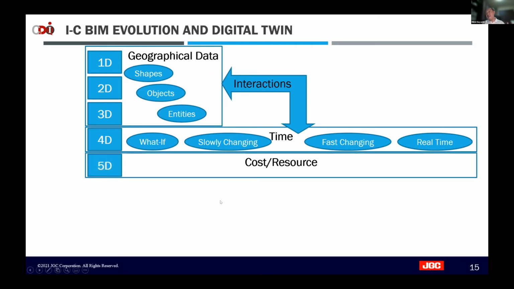And then we introduce the fifth dimension, which is cost and resources. These costs and resources will be impacted by 3D, of course. We install or remove or change layout all the time. If something breaks down or something is changing, it will impact costs and resources.